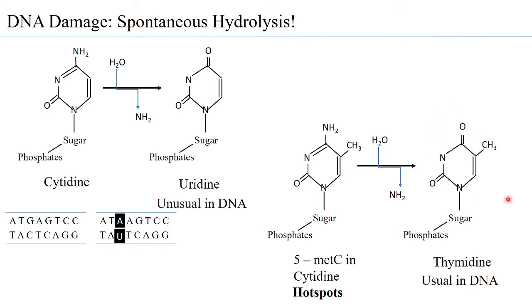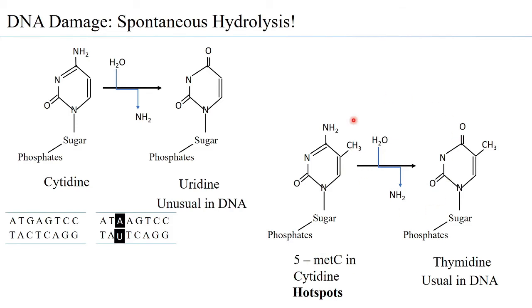So therefore, what does this become? This becomes thymidine. Now, thymidine is a usual nucleotide in the DNA, and hence it may not be recognized as abnormal by any repair system, and therefore it remains. But originally, what was it? It was a cytidine that was just methylated at the 5th carbon.